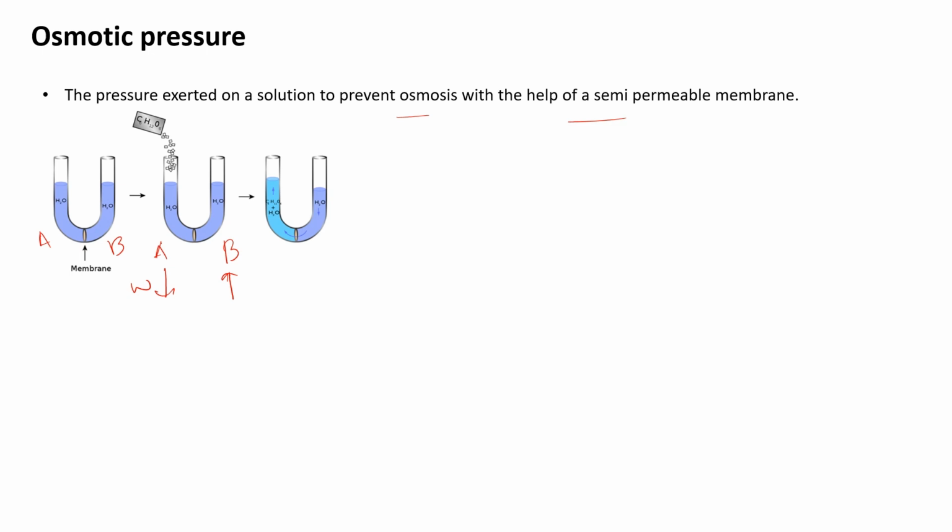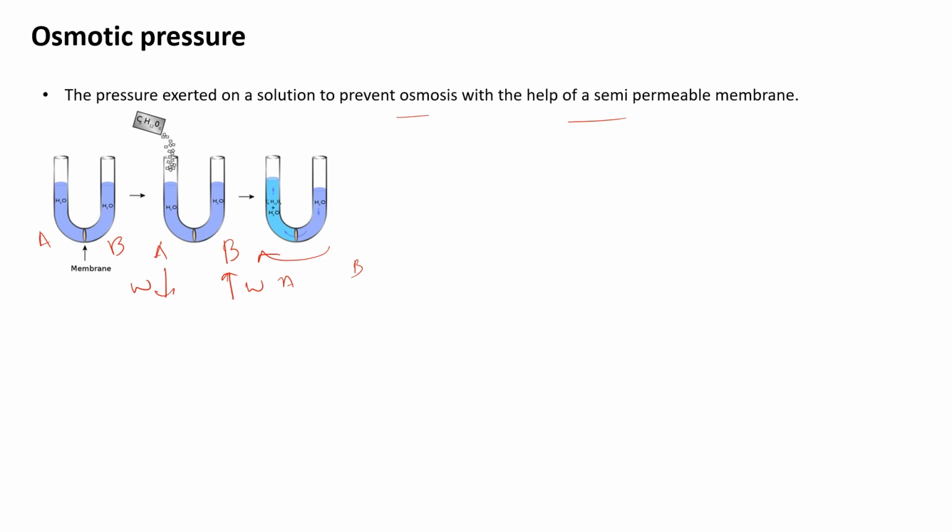Here pure solvent is present, because of which side B has more water concentration compared to side A, where water concentration lowers because glucose or any solute has been added. What will happen now? Because of this, the water will pass through this semi-permeable membrane from B to A, because B side has more water concentration compared to A side.